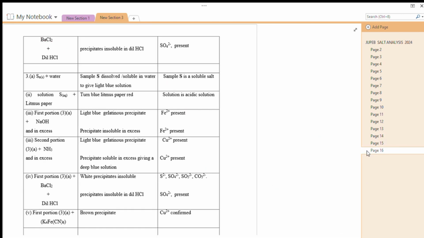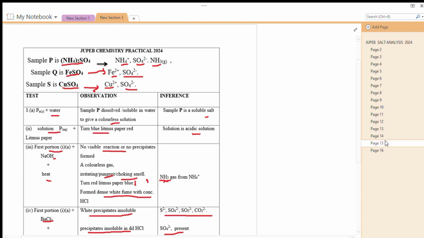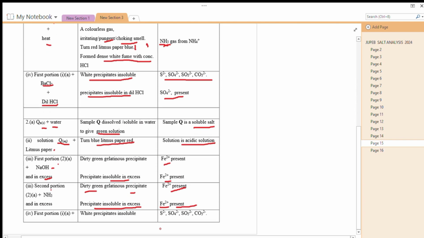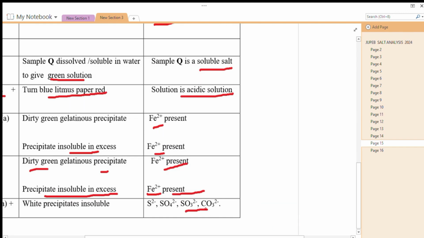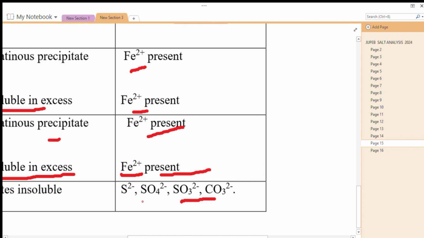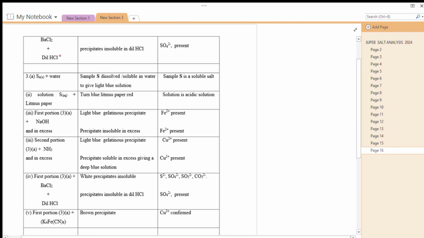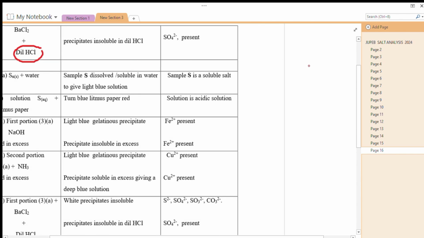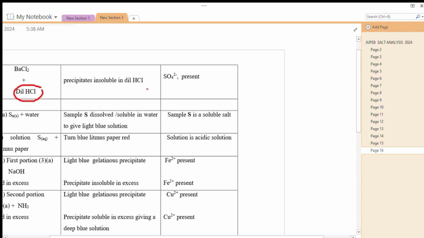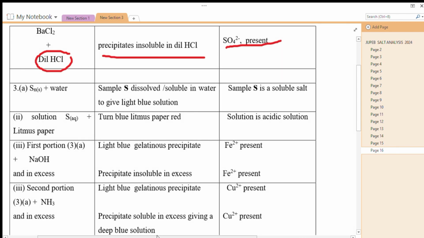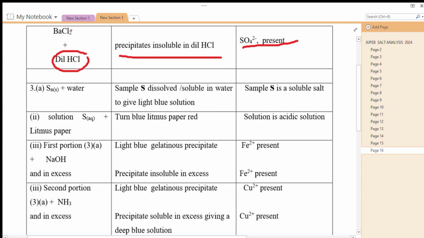In adding barium chloride, you are going to have a white precipitate. But when you add HCl, the precipitate will be insoluble in dilute HCl, which shows that SO4 is also present in that particular chemical.